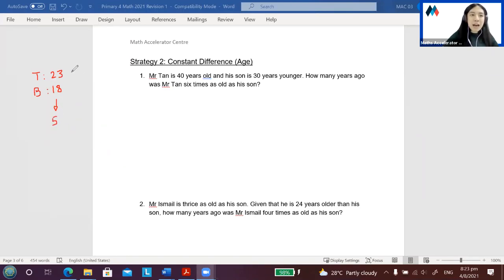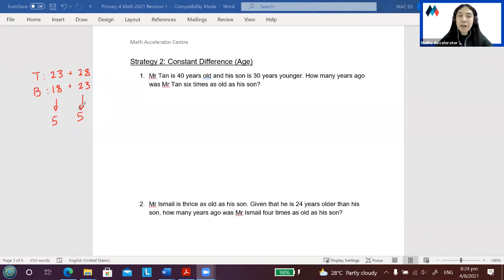Now let's say in 5 years' time, I will be 28 years old, right? And my brother will be 18 plus 5, 23 years old. Can anyone tell me what our age difference will be? Yes, very good. It is still 5 years.